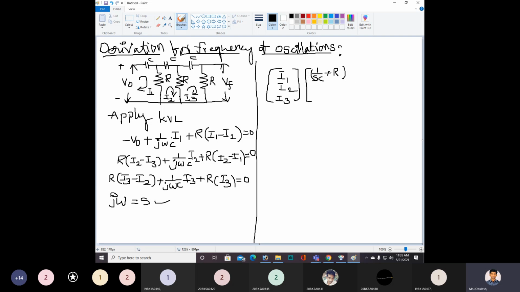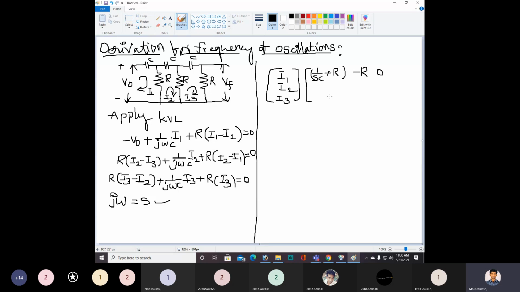Then next for the I2 term, what we have here? Minus R, right? And for I3, in the first equation we don't have I3, right? So that is 0.